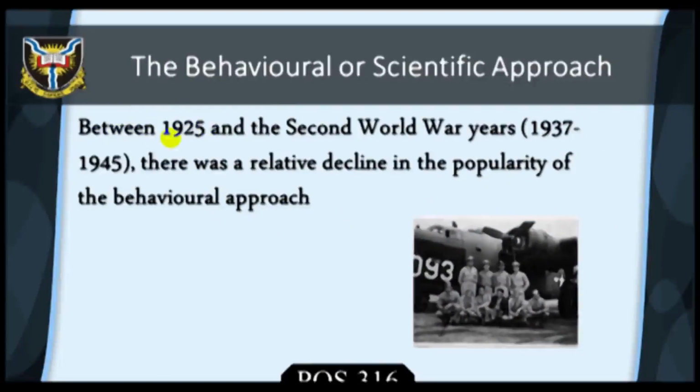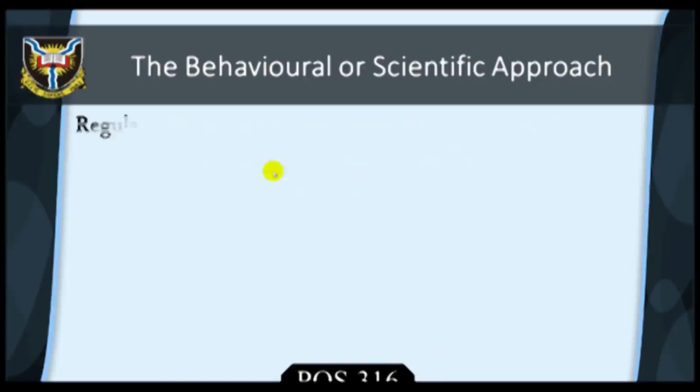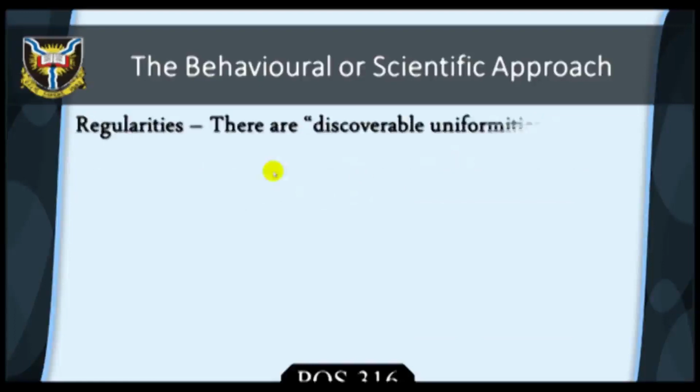However, the approach witnessed a significant and tremendous revival after the war and dominated the study of politics throughout the 50s. The major behavioralists in that era included such notable intellectuals as David Easton, Robert Dahl, Carl Deutsch, Gabriel Almond, and David Truman, among others.